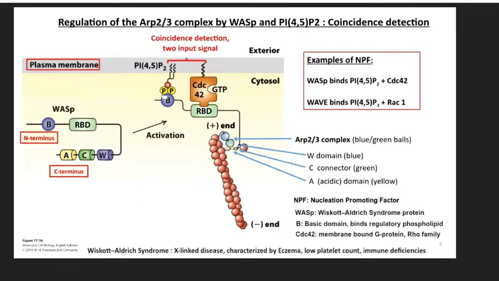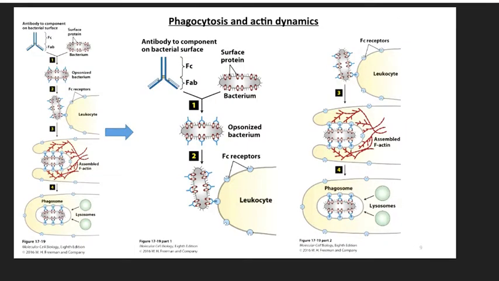The B domain, or basic domain, binds to the regulatory phospholipid PIP2. You don't need to know the full form. The RBD domain binds to CDC42, in this case obviously the activated version, which is GTP. This is just an example to show how this works.